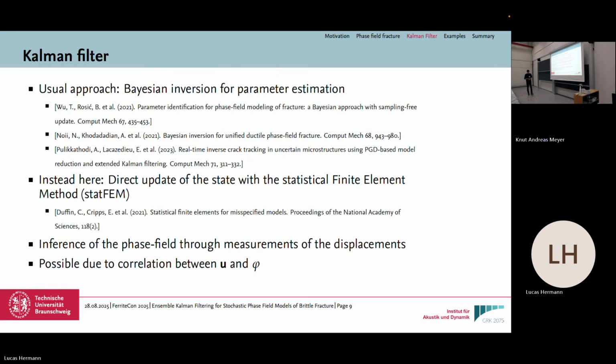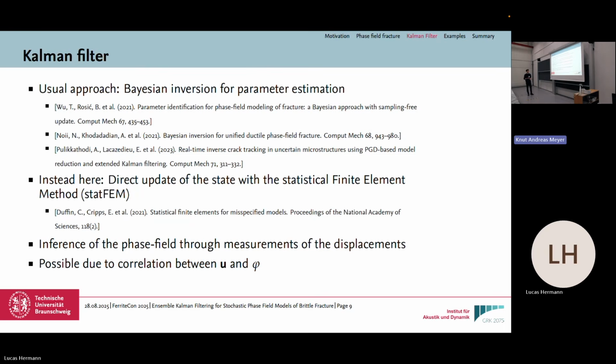And now comes the interesting part: how do we actually connect the stochastic model with our data? In the past, actually past decades already, people have been doing so-called Bayesian inversion for parameter estimation. This just means you find a certain input parameter, which, when you propagate it through your model, leads to a solution which agrees with the data the best.